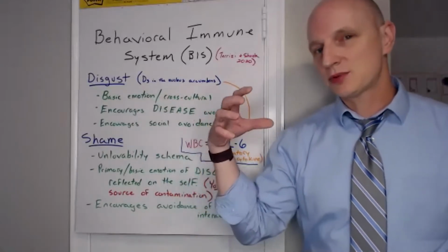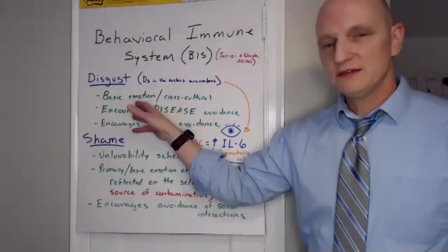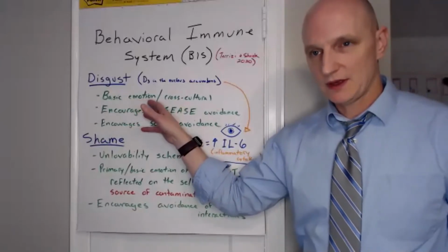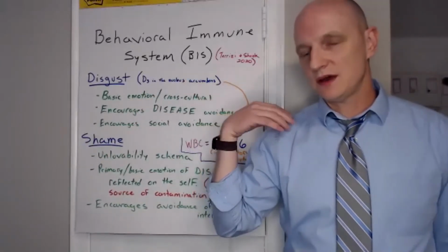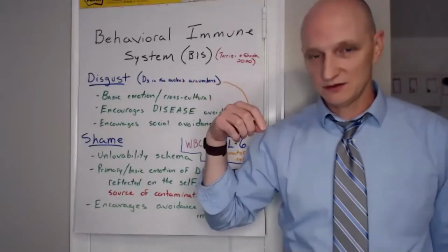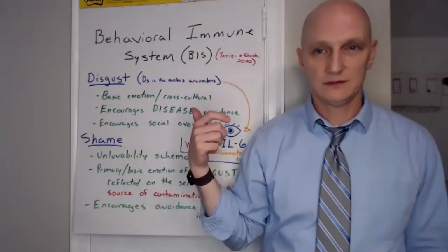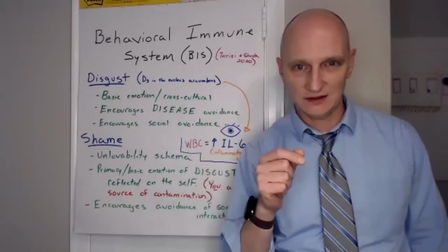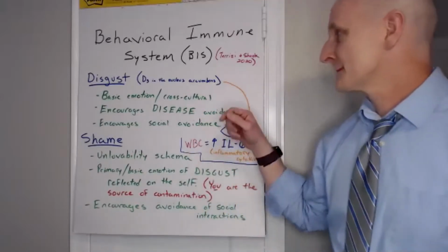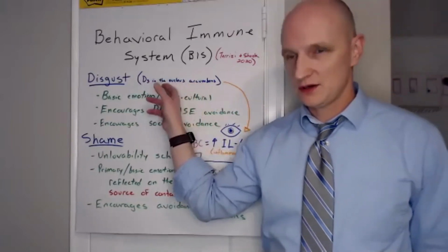This is a very primal, what we would call a basic emotion. The word primal to me means we've identified disgust in all kinds of animals, not just humans. Other animals are disgusted by things. And it's cross-cultural.